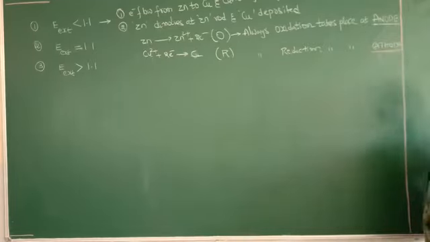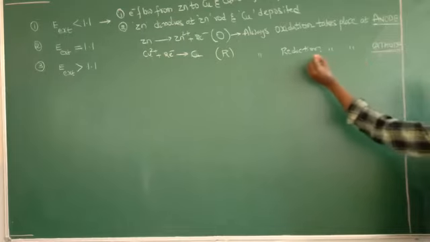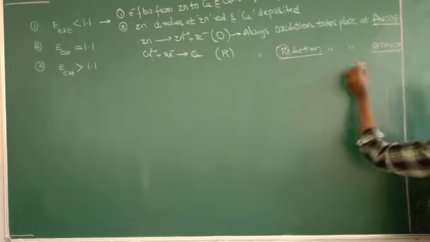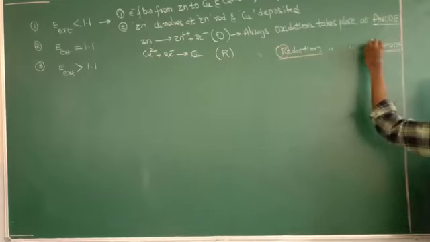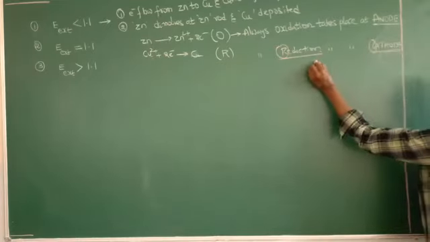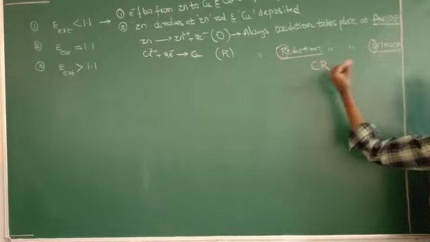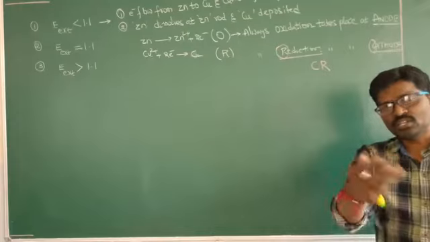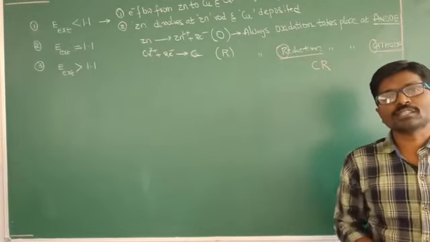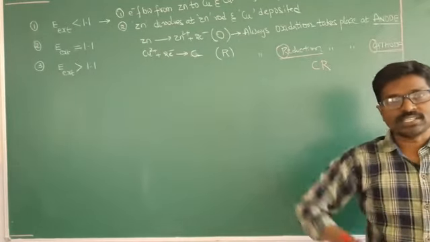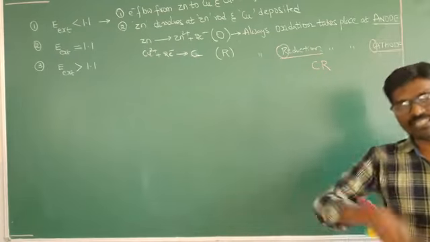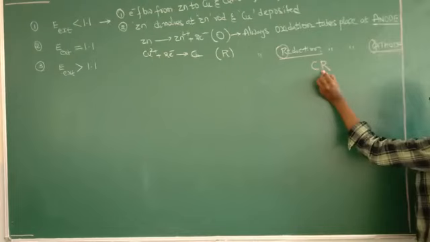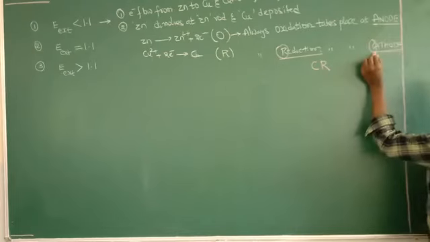Okay, one shortcut is there. In reduction the first letter is R, and in cathode the first letter is C. So remember CR, like the class representative in every class. R means reduction and C means cathode.